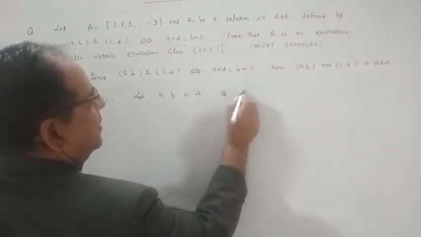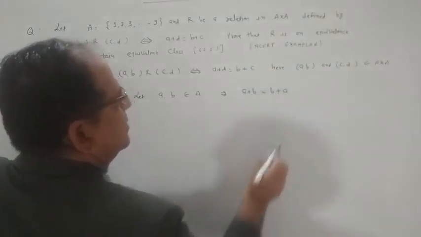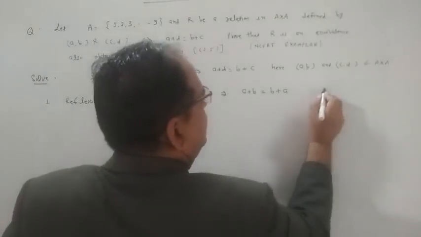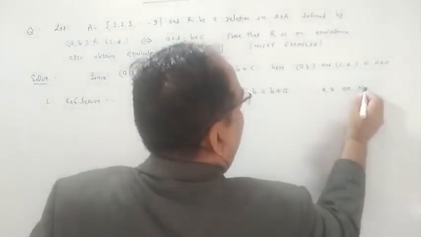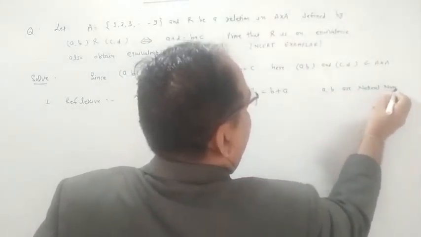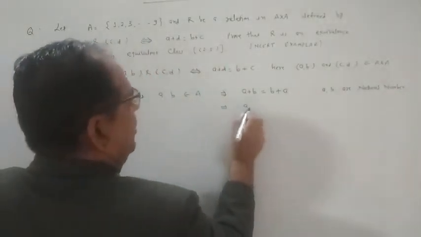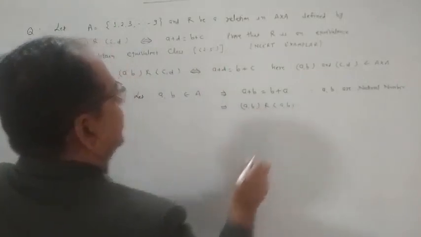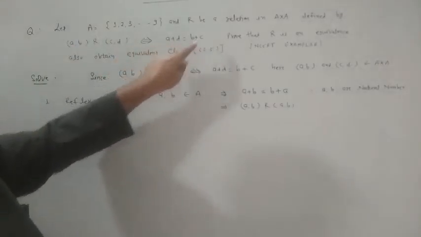This implies that a plus b equal to b plus a, because a and b are natural numbers. This implies that (a, b) is related to (a, b). According to this definition, (a, b) related to (c, d) if a plus d equal to b plus c.